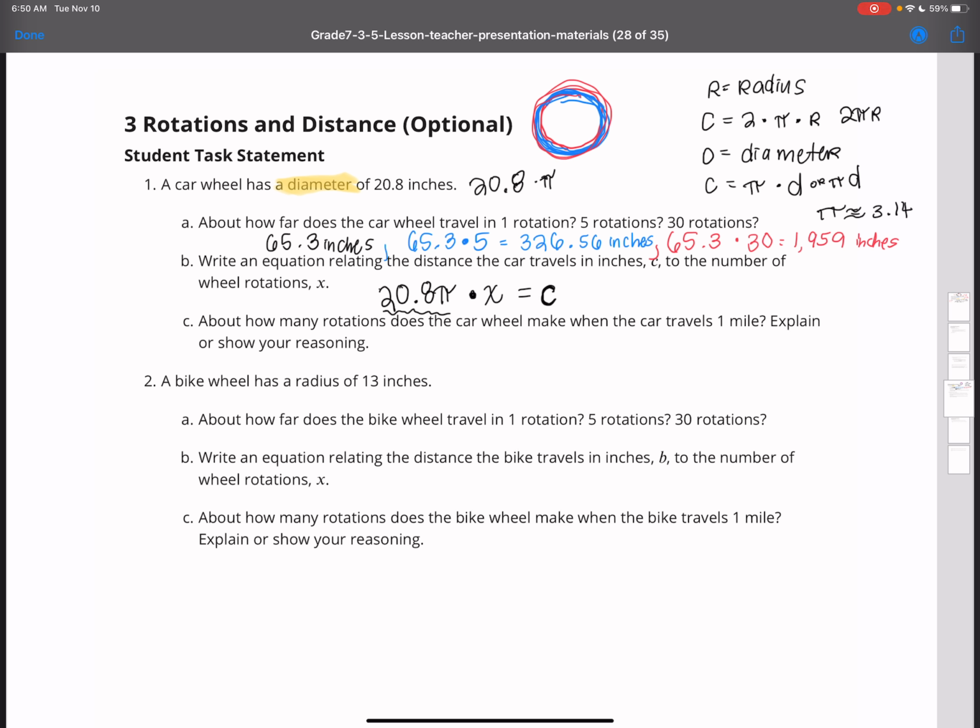All right, let's move on to part C. It says, about how many rotations does the car wheel make when the car travels 1 mile? Explain or show your reasoning. Well, first of all, you need to figure out how many inches are in 1 mile.